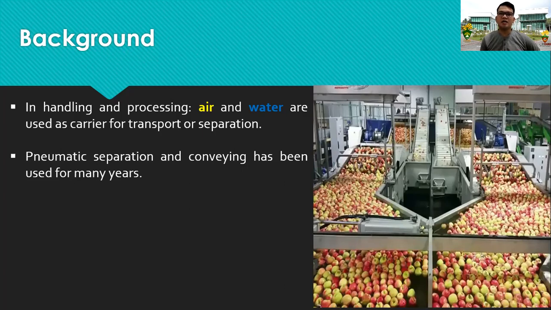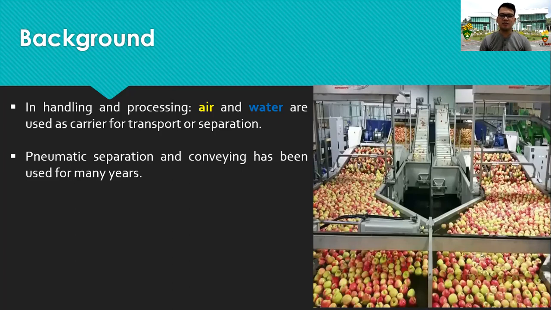There are also machines that use air to sieve, to screen out, to crush, and even to dry agricultural products, particularly grains. The air is heated, for example in a heated air dryer, which will dry the grains through the suction of dried air. This is one of the most common examples of pneumatic separation.